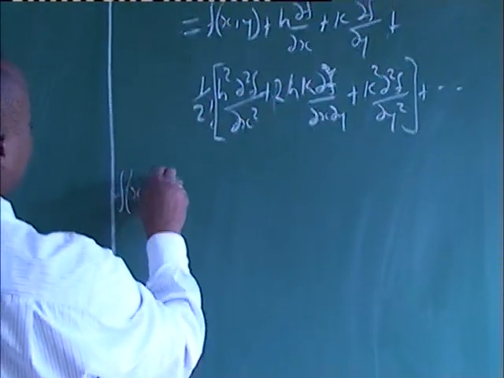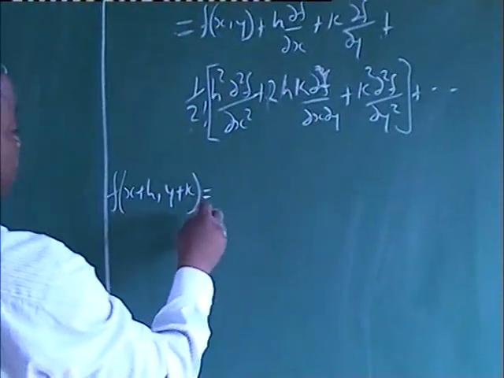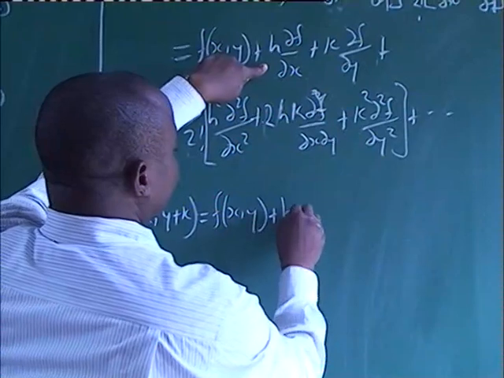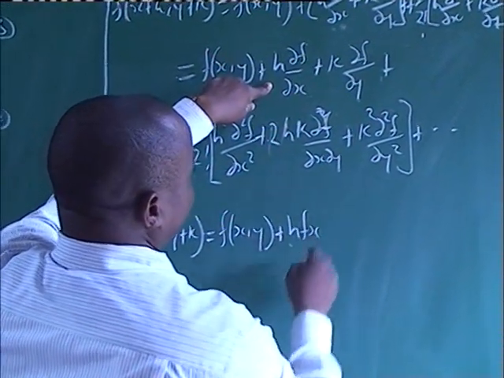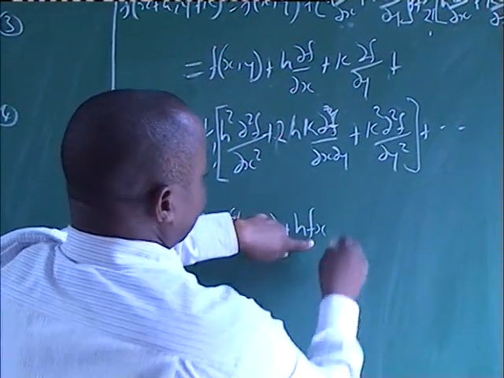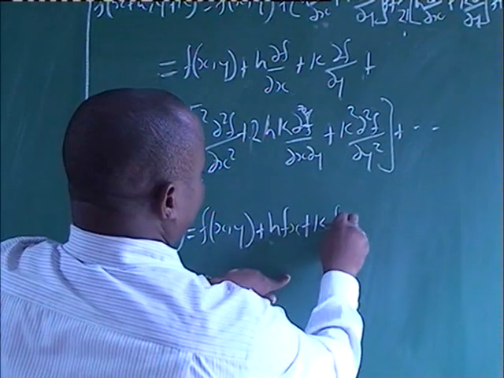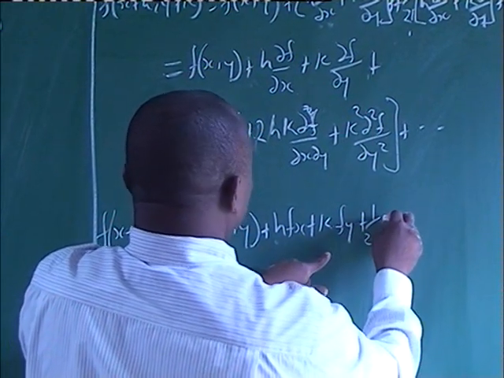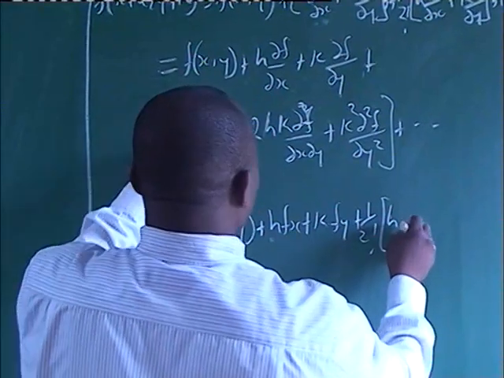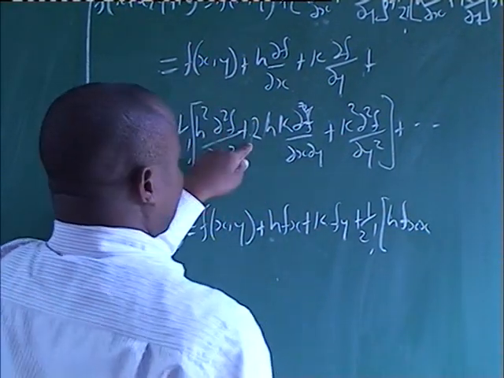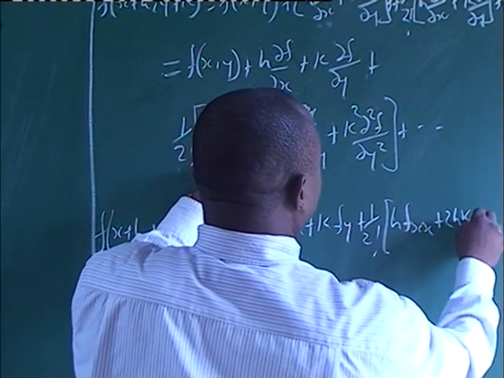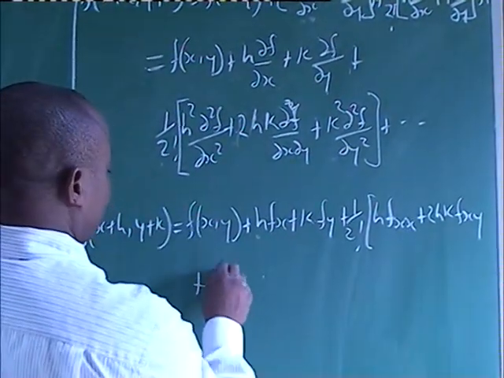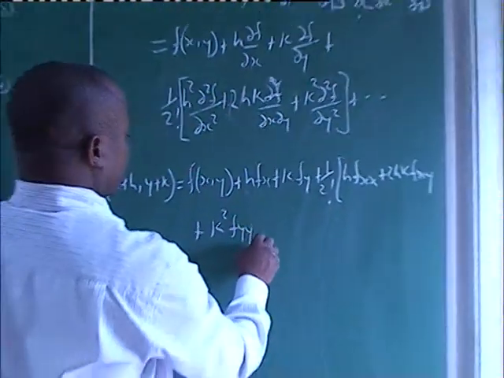We will have f of x plus h, y plus k equal to f of x, y plus h partial f partial x plus k partial f partial y, plus 1 all over 2 factorial, then h squared partial x squared, plus 2hk partial x y, plus the last one here, which is k squared partial y squared.